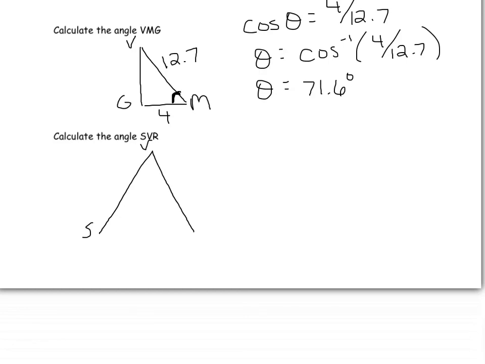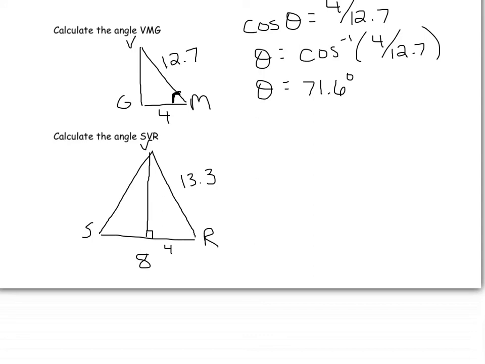This is one of those faces of the triangle. Well, we know this whole thing is 8. But that's not a right triangle. Well, what if I drew down the middle, would it be? And that little piece would be 4. Do we know any of the other pieces there? Well, I know VR is 13.3.